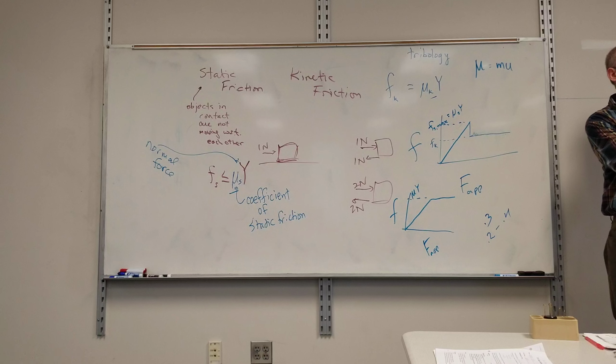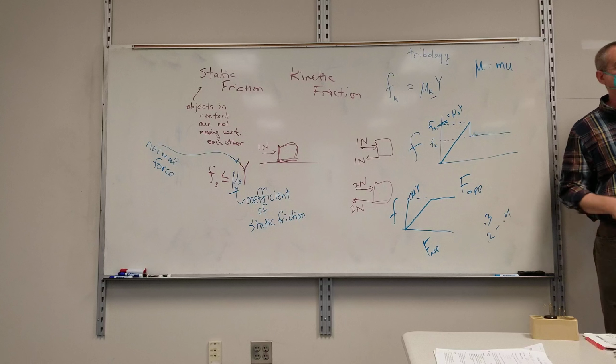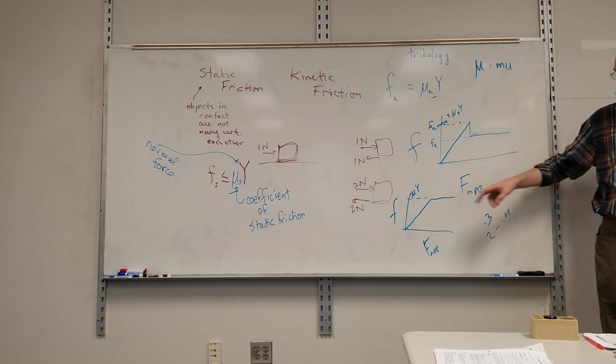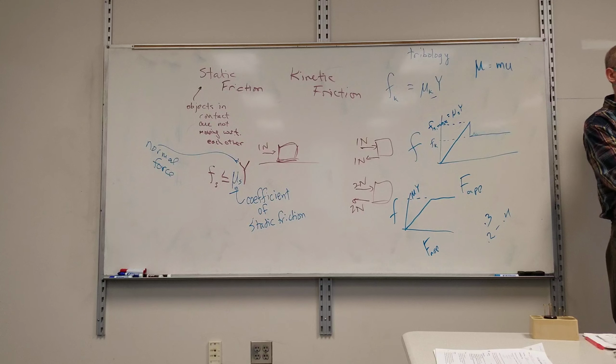So once you get it out of the grooves, it's a lot easier to move. This other model is more of an attraction model. It's not like a puzzle piece where one piece is pushing against another one. It's the fact that when you press surfaces together, there's a much bigger attraction between the two surfaces at the atomic level, and that attraction is what you're fighting against.